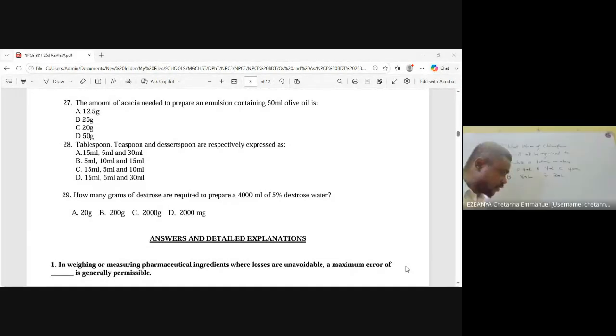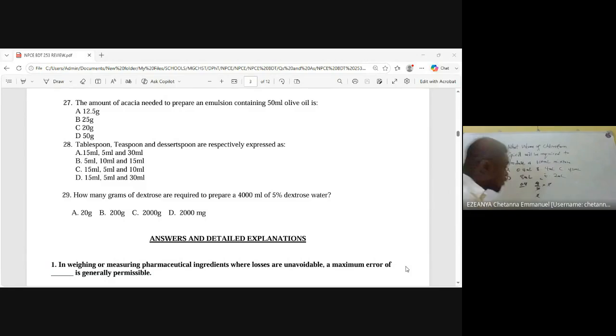Perfect. 0.4 times 5 is 2, right? Very simple. 0.4 is 4/10 times 5, bam, bam, 2. You don't waste your time. Remember your fractions.